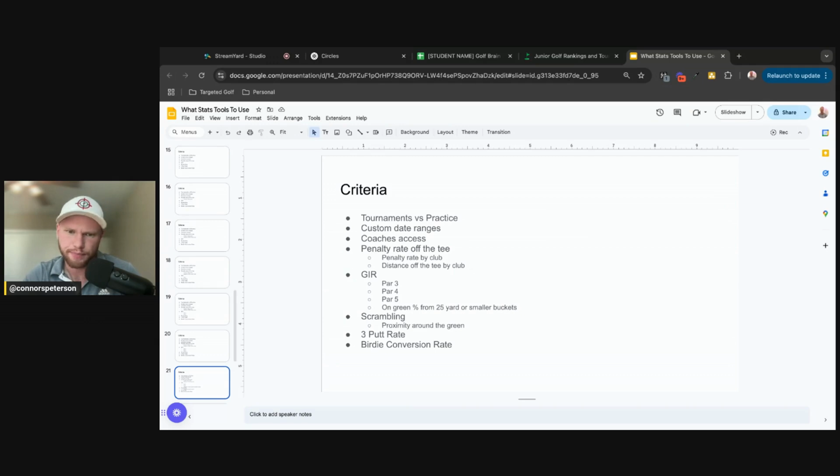Let's say, tying this back into practice, on November 11th we decide, hey, you're at 50% from 125 to 150 yards. We want to be at 70%. And let's say we meet again on January 11th. We want to be able to look at how many rounds you played in that period of time, whether your greens in regulation improved, and how you performed in practice.